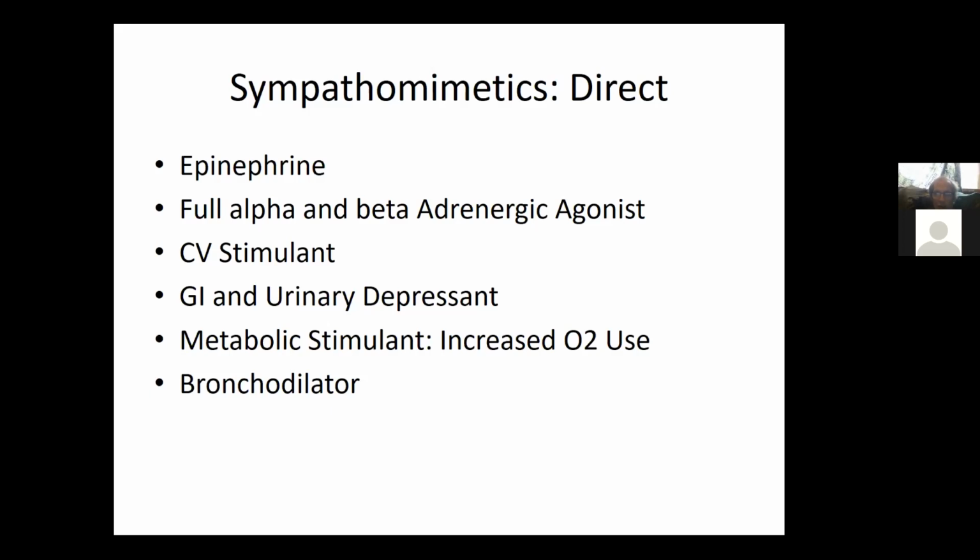And so you're going to see mobilization of carbon from storage in fat, and utilization of those carbons for catabolic purposes. So anyway, that's a big deal, metabolic stimulation with adrenergic agonists.